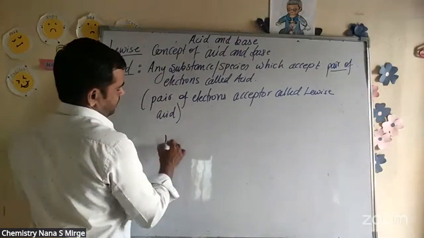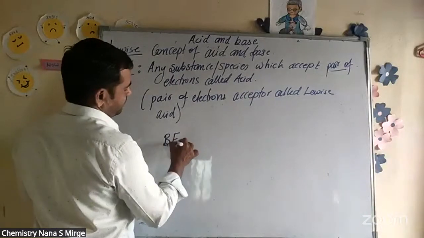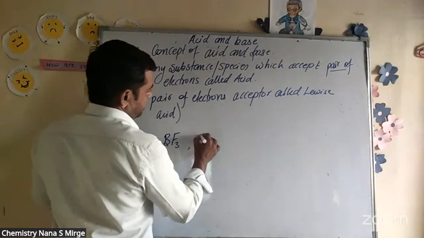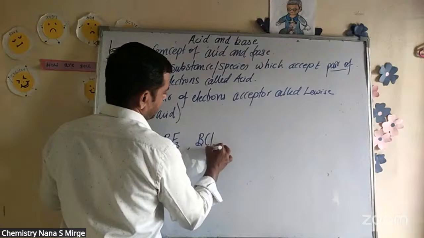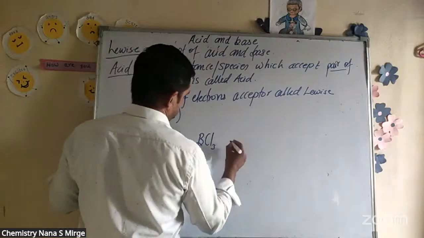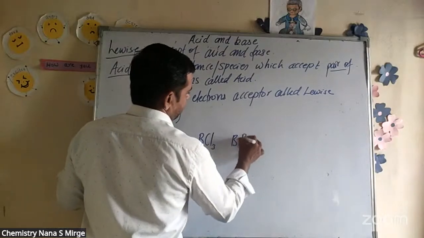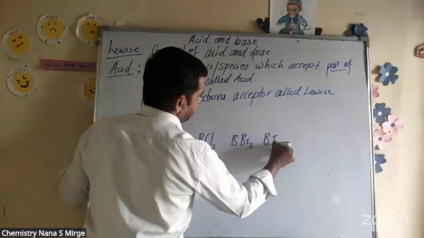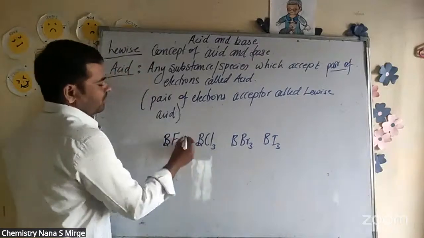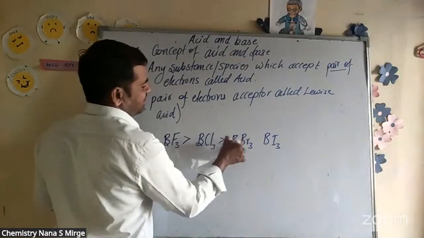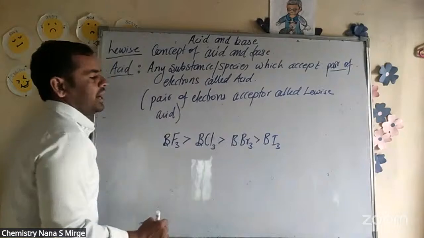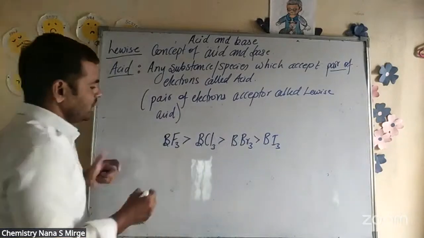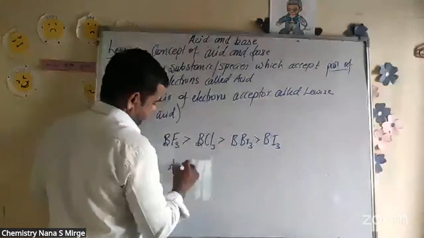Suppose BF3, then BCl3, then BBr3 and BI3. So BF3 is a strong acid, then BCl3, then BBr3 and BI3. So the acidity order.